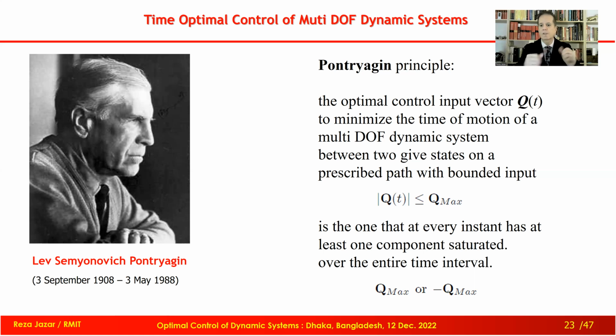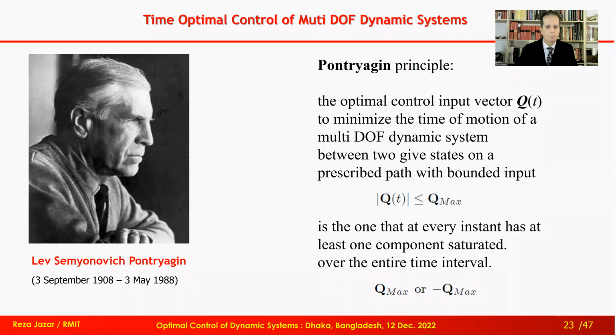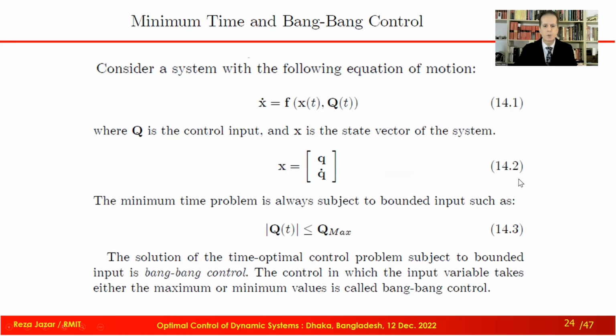But we have this theorem, Pontryagin principle, that guarantees what we found is the only solution of the problem. Okay, I skipped this part just to save time, which I explained here. What is time optimal control based on Hamiltonian and so on, which is not important.